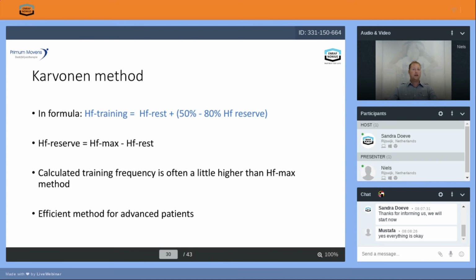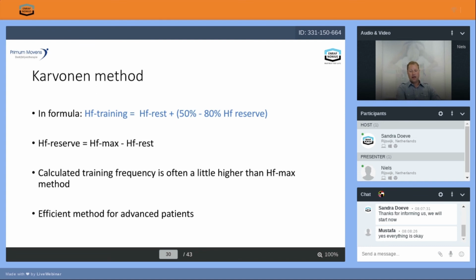You get a different calculating formula, and the Karvonen method comes up with a slightly higher intensity than the maximum heart rate estimating value that I just discussed before. This is a more efficient method for advanced patients. So when you start with the patient, please start with the heart rate maximum method.